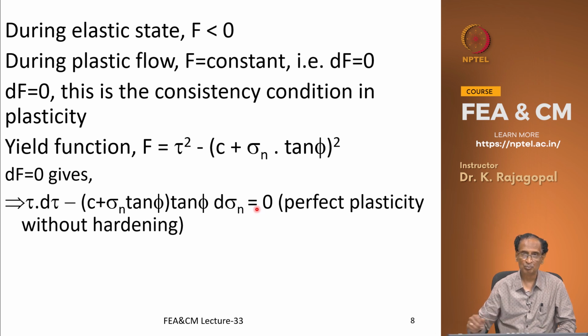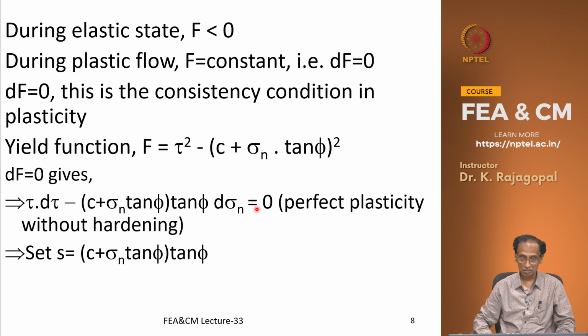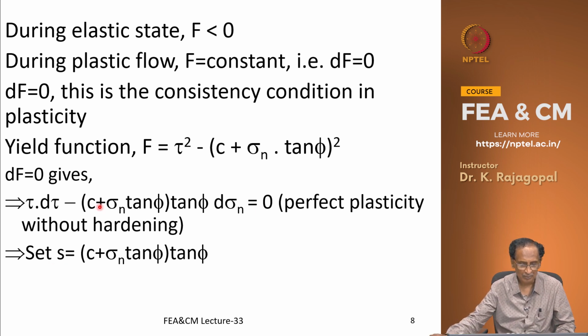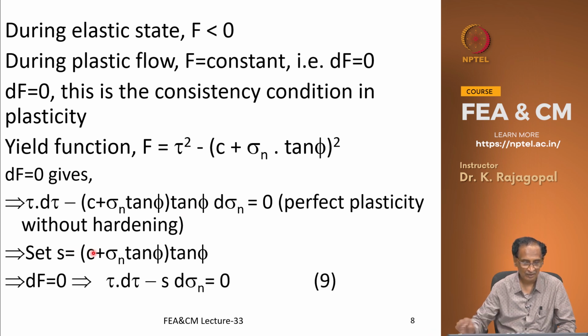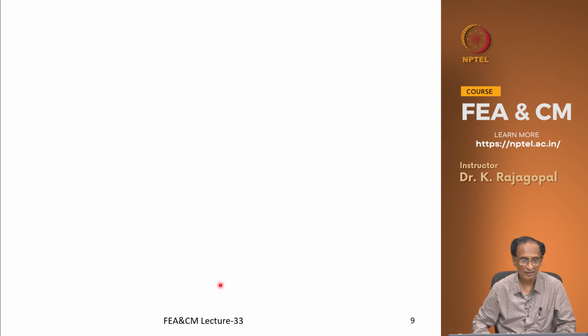This is for perfect plasticity, where your yield limit is not increasing with the plastic strains, and we can set c plus sigma n tan phi times tan phi to s, and the df of 0 means tau times d tau minus s times d sigma n is 0. Okay.